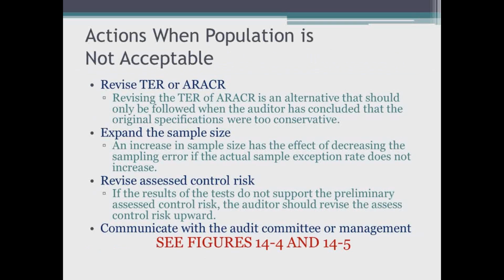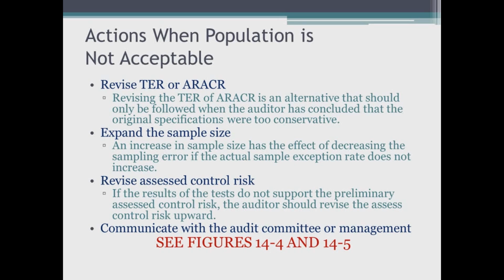All right. So when the auditor determines that the population is not acceptable, they could revise their tolerable exception rate or their acceptable risk of assessing internal controls too low, but that's not really something that the auditor would want to do, but they can.